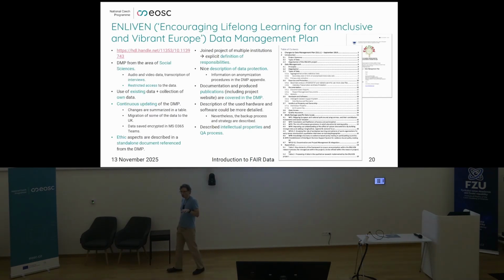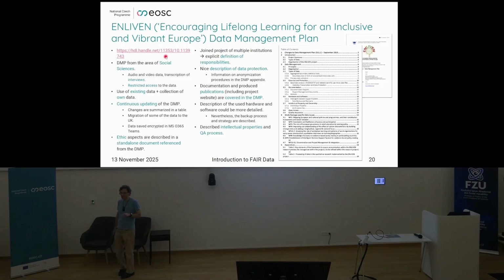So what can be an example of a data management plan and what should be described in it? I have an example here. By the way, this link is again a PID, a kind of persistent identifier. In this case, it's not a DOI, but a so-called handle. And in fact, DOI is technically using the handle system in the background.